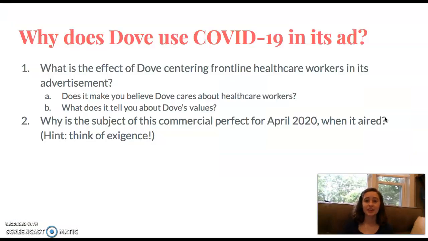So this is going to be really applicable for a lot of you guys who are thinking about COVID-19 in your topics, maybe looking at an advertisement that deals with COVID-19 that might relate to your topic in some way, and seeing how those arguments are being formulated and what kind of rhetorical appeals they're relying on.